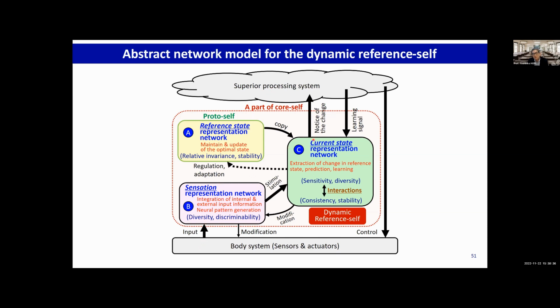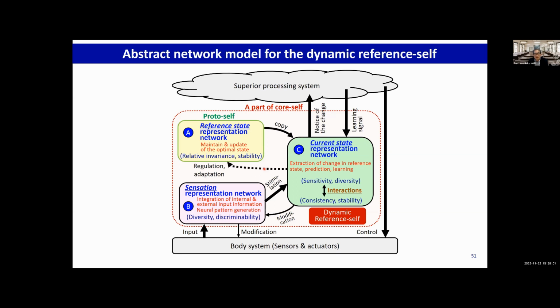The third one is the important one, the current state representation network. This gives the interaction between A and B, and if necessary, it will regulate this network by using some learning algorithms, a learning property.